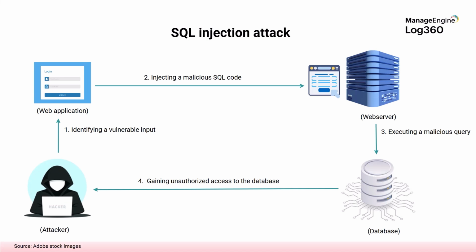Once a vulnerable input is identified, attackers insert malicious SQL code into the input field, modifying the original SQL query. The modified SQL query, when executed in the database, may allow attackers to perform unintended actions such as viewing, modifying, or deleting sensitive information stored in the database.